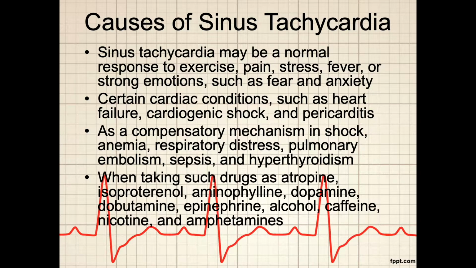Sinus tachycardia may be a compensatory mechanism for shock, anemia, respiratory distress, pulmonary embolism, sepsis, and hyperthyroidism. Medications such as atropine, isoproterenol, aminophylline, dopamine, dobutamine, epinephrine, alcohol, caffeine, nicotine, and amphetamines are all known to have an adverse effect that causes sinus tachycardia.